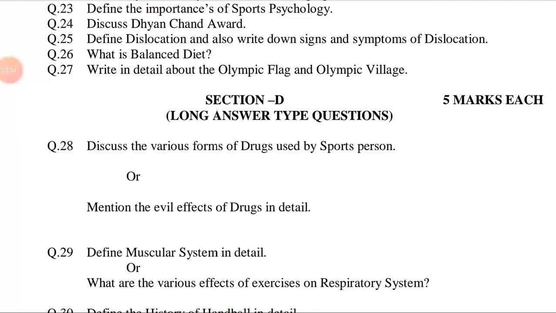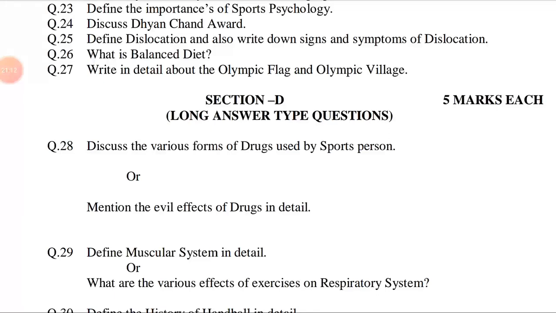Question number 25. Define dislocation and also write down signs and symptoms of dislocation. This question is related to chapter number 10, Common Sports Injuries and Rehabilitation.